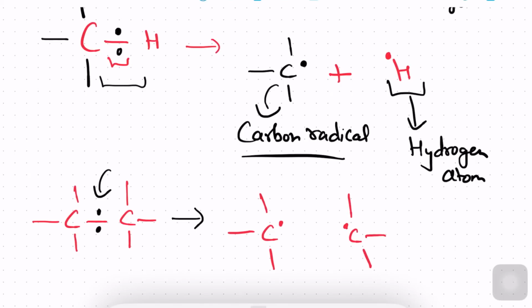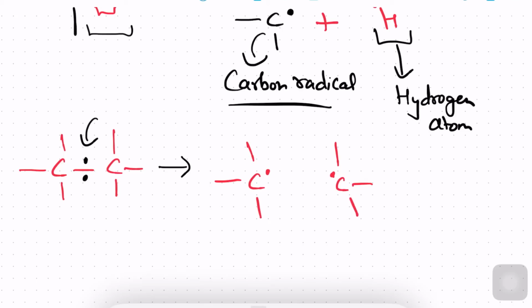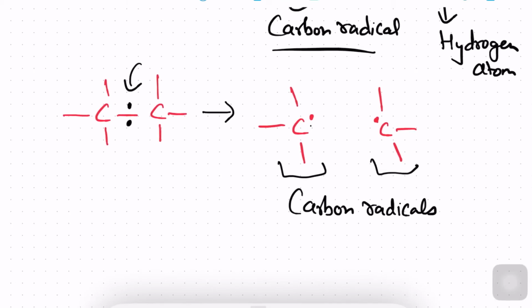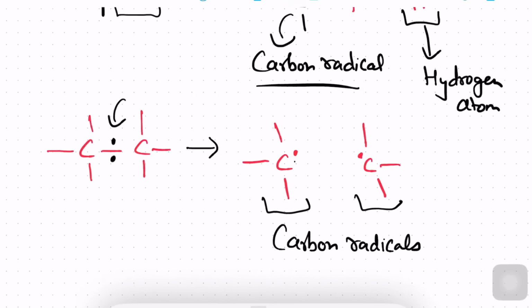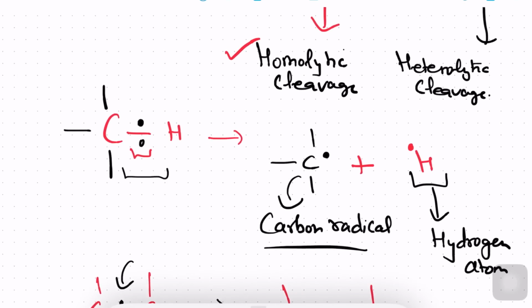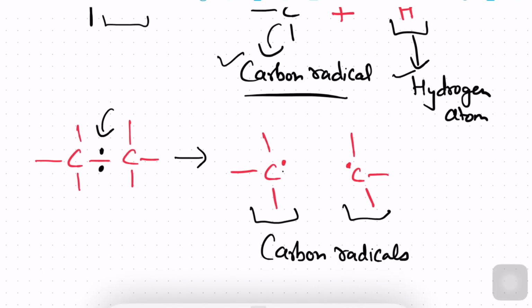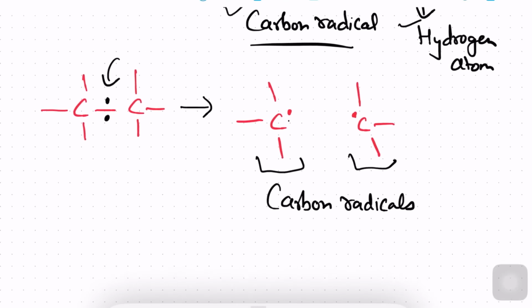So here you can see this shared electron has been distributed equally: one goes to this, another goes to this. Both these are known as carbon radicals. So these are very reactive. We will discuss more about this. So in the case of homolytic cleavage, in one situation there is formation of carbon radical and hydrogen atom, and here there is formation of carbon radicals.